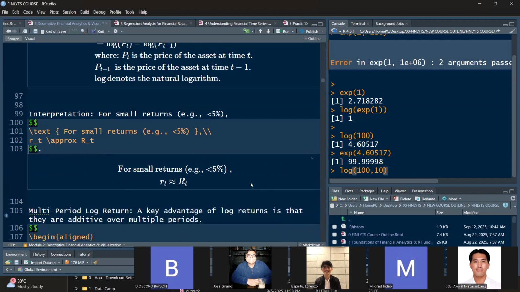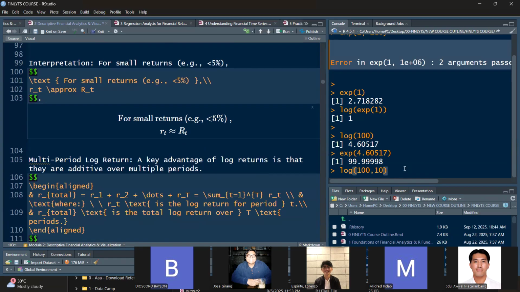Okay, class, so this is a statement. For small returns, for example less than 5%, your log returns will be approximately equal to your simple returns. I hope that concept is clear, class. If the returns are very small, then the log returns and the simple returns are approximately the same. Example, class.